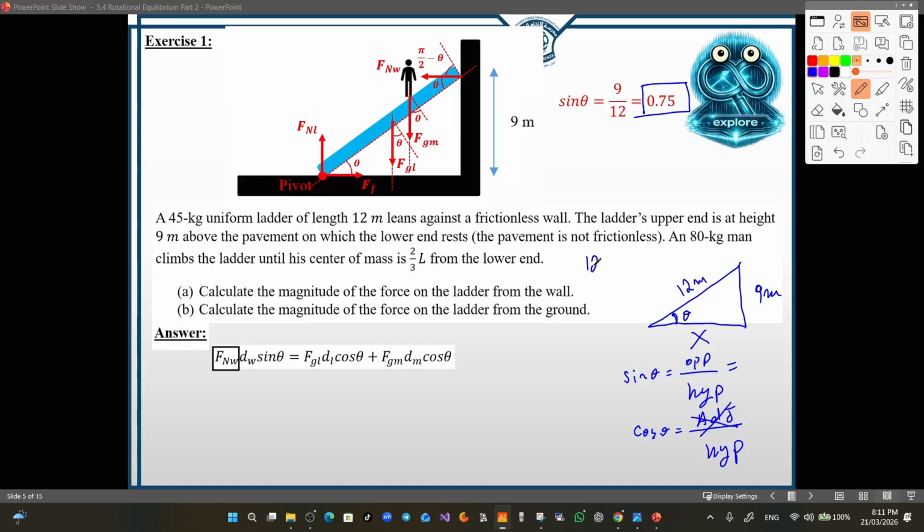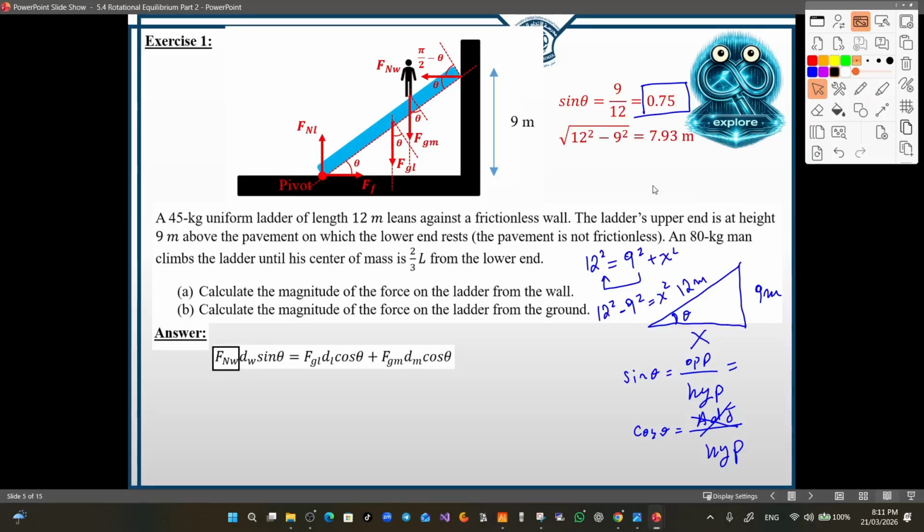In other words, I can write 12 squared equals 9 squared plus x squared. Now by moving this to the other hand side, 12 squared minus 9 squared equals x squared. Let's take the square root and we will get that the missing side, the adjacent, is the square root of 12 squared minus 9 squared, which is equal to 7.93.